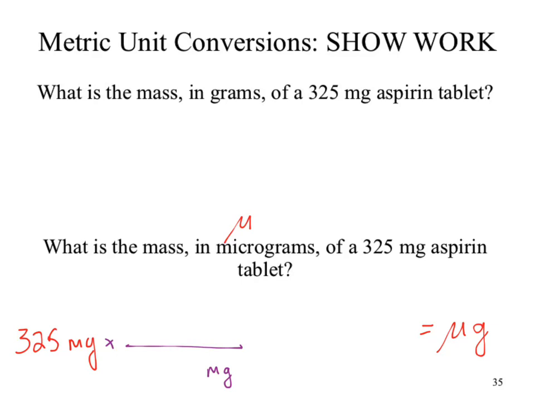What unit do I want on top? Microgram. And this is where I would say, well, did I memorize a conversion factor for that? No, I didn't. But when I flip to the front of the exam, I am told that mu is micro, and micro equals 10 to the minus 6.